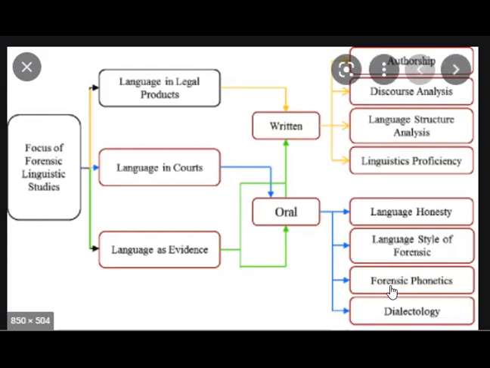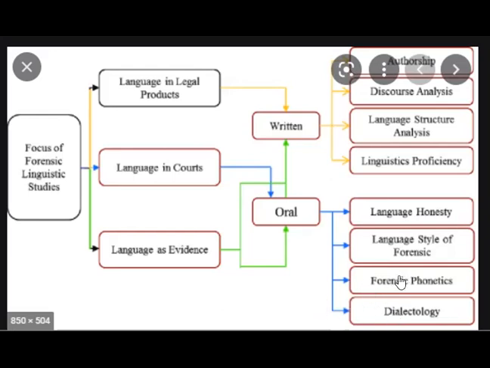In forensic phonetics, we look at the phonemes, and we can identify the person through the way they have pronounced certain words, or they have missed out certain phonemes, and it is also associated with dialectology.